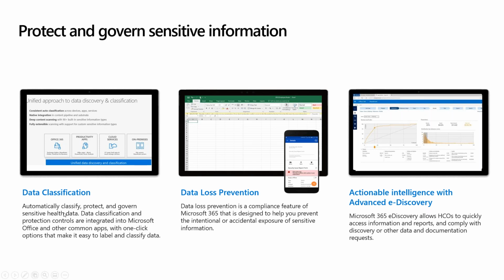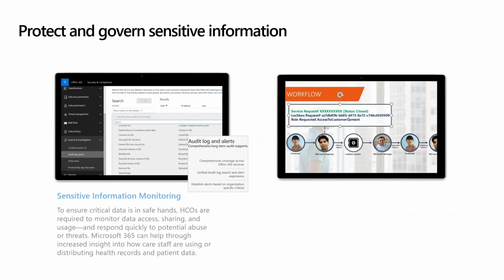For data classification and Microsoft Information Protection, you can run that in audit mode and start discovering what type of data is being used out there, then put your plan in place for classification and encryption, and also use advanced eDiscovery within the Microsoft platform.